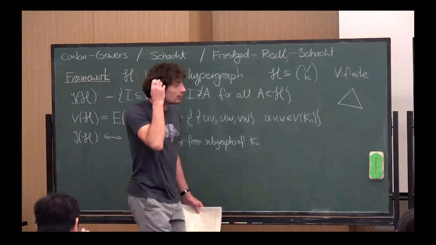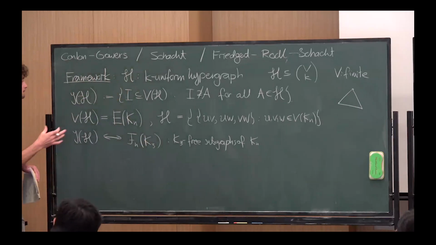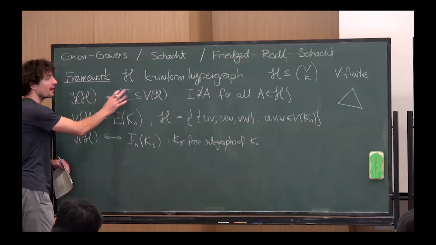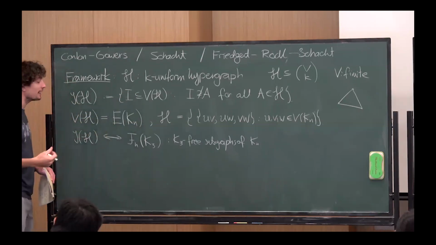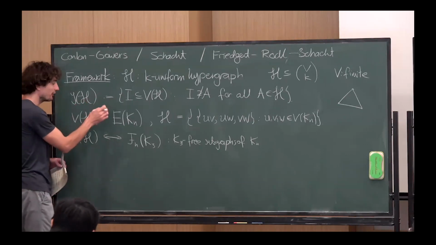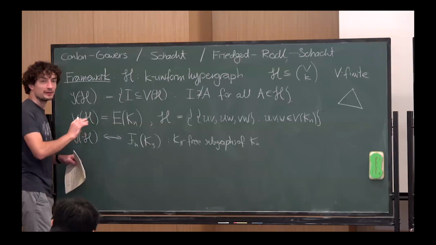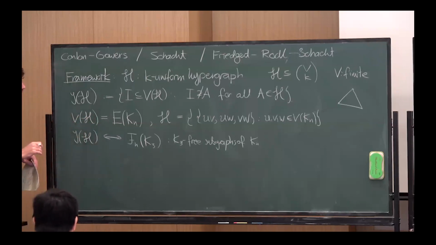And what do these assumptions involve? It turns out that the existence of a family of containing sets for independent sets in the hypergraph depends on very simple statistics of the hypergraph. Just the number of edges, the number of vertices, and the sequence of degrees of the hypergraph.